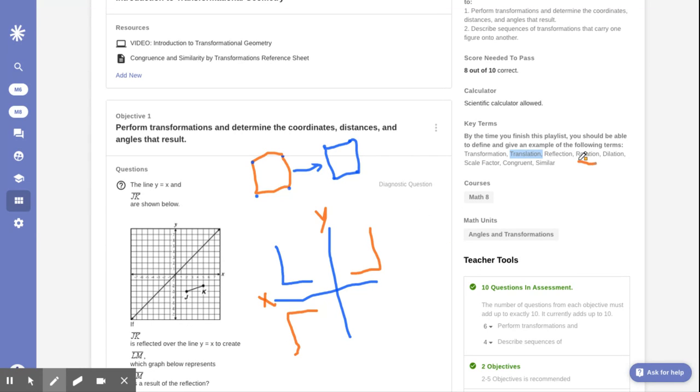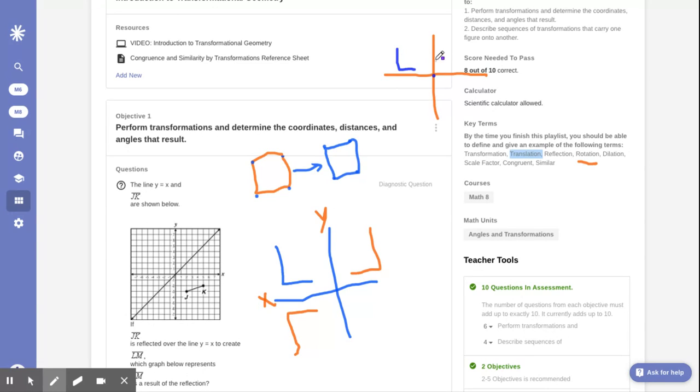All right, the next word is rotation. So rotation, again, we're looking on a coordinate plane, and you'll see things like rotate it 90 degrees clockwise or counterclockwise. Most often what we see is it'll say about the origin, which is there.